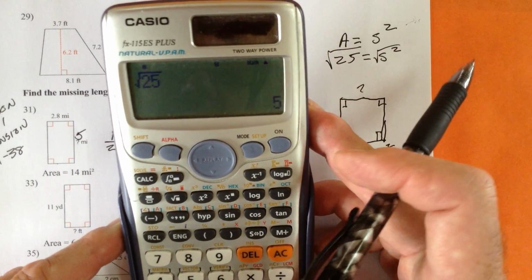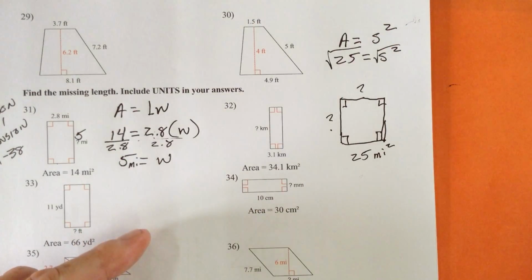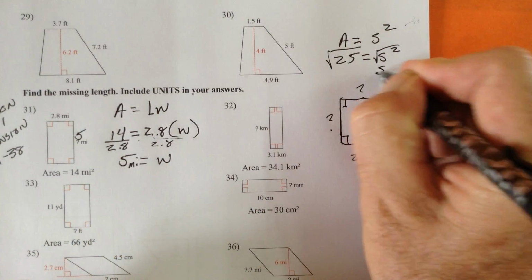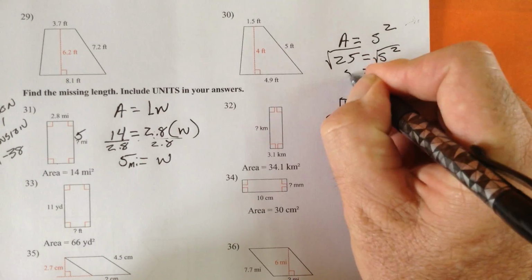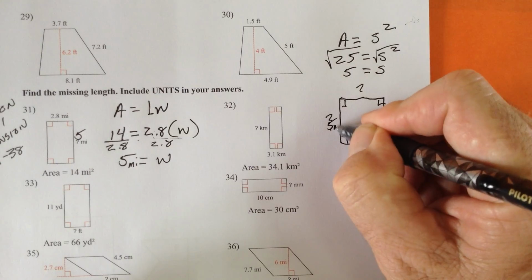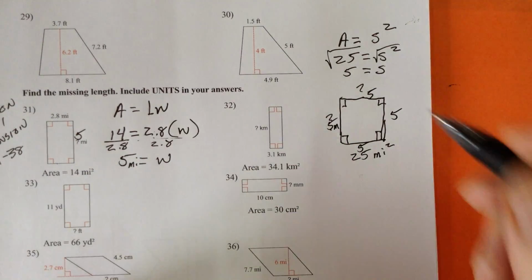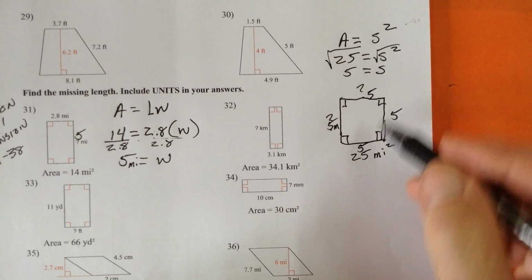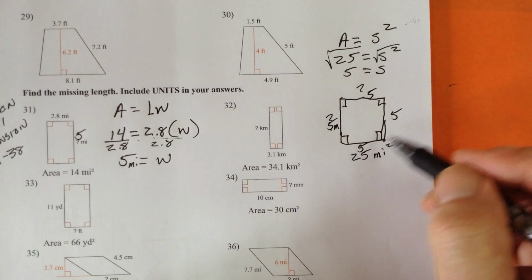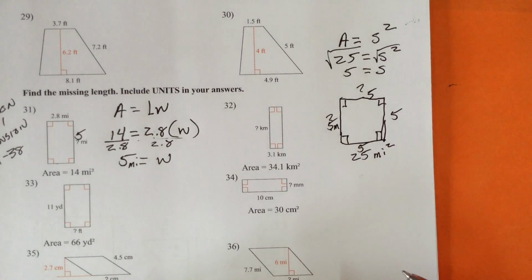I hit the button, you'll see it gives you 5, because 5 times 5 is 25. So here, the sides will equal 5. So this side would be 5 miles, this side would be 5 miles, 5 miles, 5 miles. And they might say find the perimeter. So the perimeter of this one would be 5 plus 5 plus 5 plus 5, or 4 times 5, that would be 20, would be the perimeter.